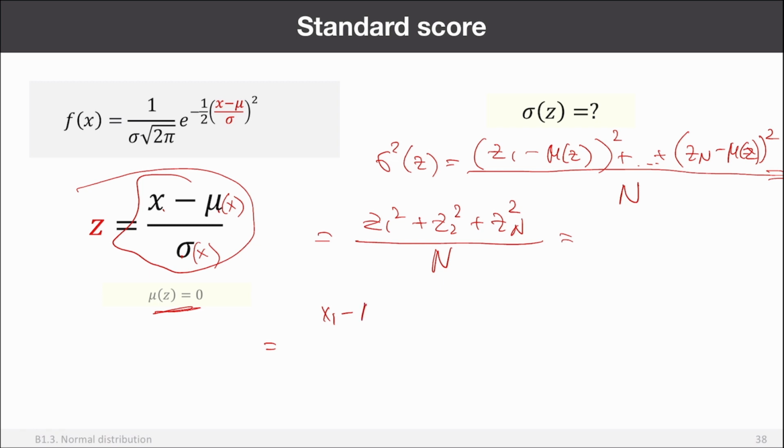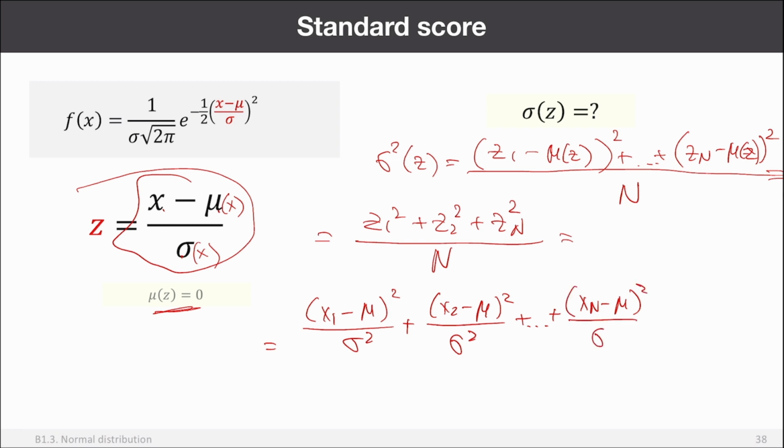(x1 minus mu) squared divided by sigma squared plus (x2 minus mu) squared divided by sigma squared plus and so on plus (xn minus mu) squared divided by sigma squared, and divided by n. Again, the denominator is the same.